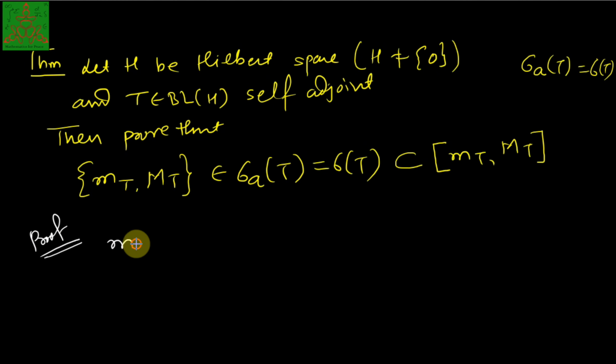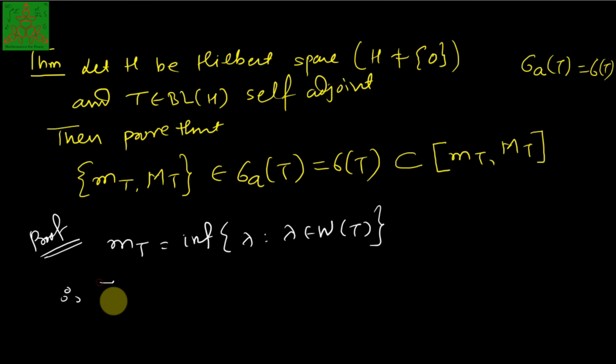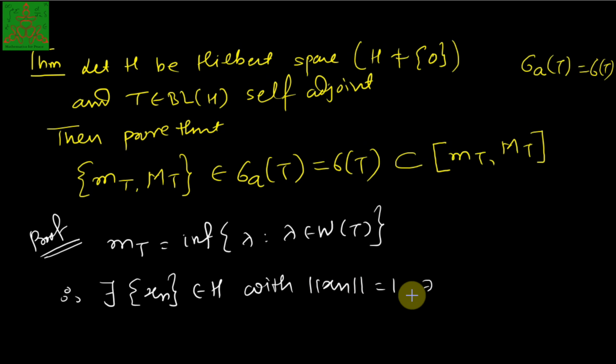See, what is the definition of m(T) we have? It is the infimum of the set of all values lambda such that lambda belongs to the numerical range of T. Since it is an infimum, there exists some sequence x_n belonging to H with norm of x_n equal to 1 such that ⟨Tx_n, x_n⟩ converges to m(T), because every element of the numerical range looks like this.